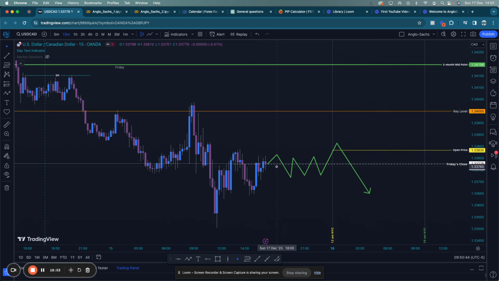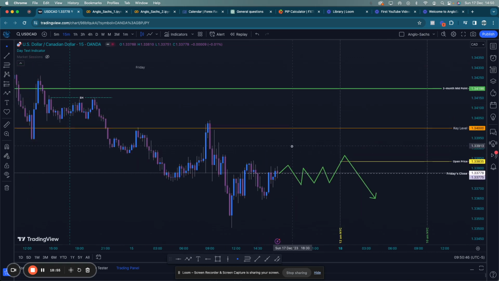So in terms of my conditionals, this would be one condition. Before we get into this area, this would be one condition.